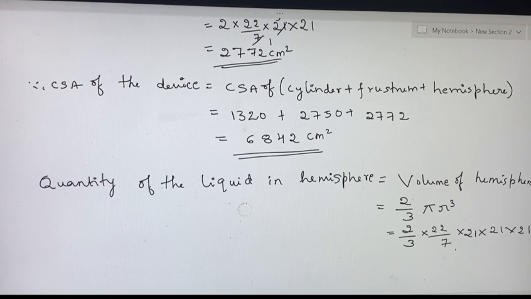So 7 ones are 7, 7 threes are 21, the 3s cancel. So if we multiply 2 into 22 into 21 into 21, the answer is 19404. What is the unit of volume? Centimeter cube. So 19404 centimeter cube is the volume of the liquid.